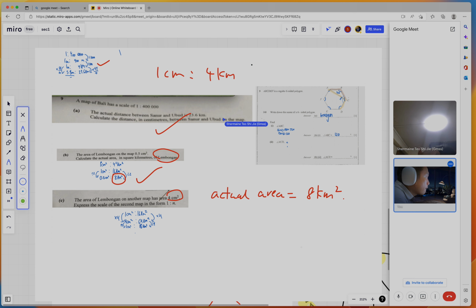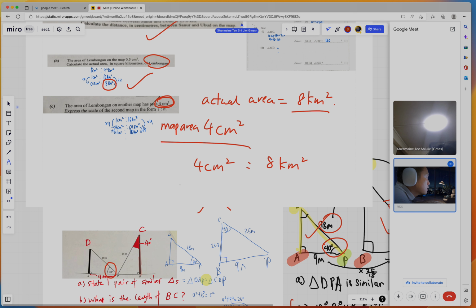Yes. So now they say the map size is 4 cm. This is the map size, map area. So the map area is 4, the actual is 8, so it's 4 cm square to 8 kilometer square, right? So you can divide by 4, right? Then you get 1 cm to 2 kilometer square, right?